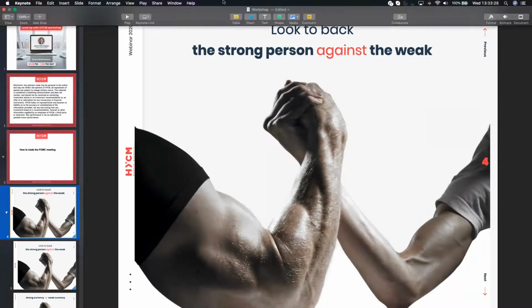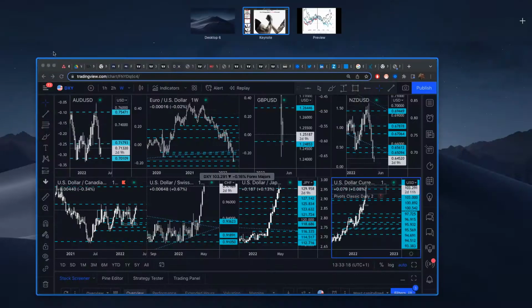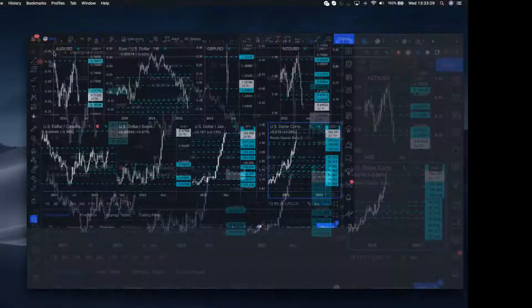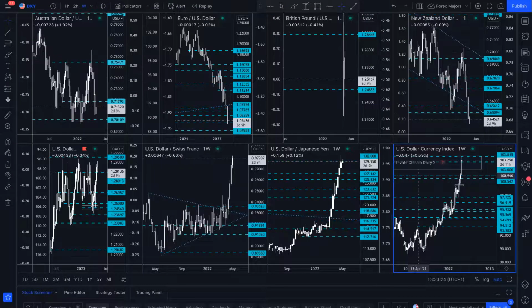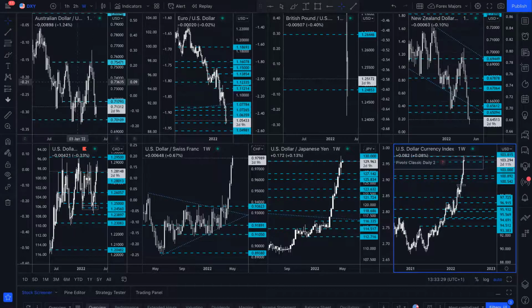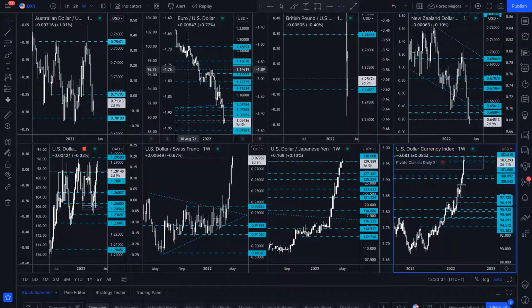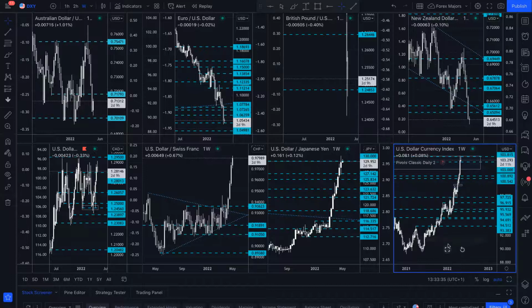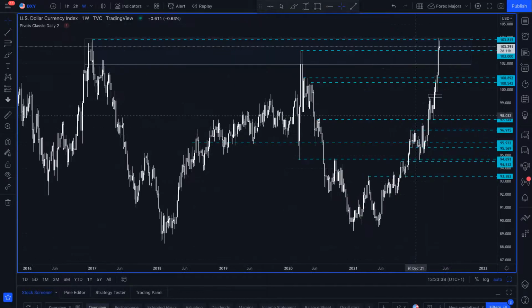Because there's so much to look at, we're going to jump into the start of the presentation right away. What you'll notice if you look at these charts, these are the major currency pairs, and if you're new to trading, you want to focus on these pairs. The dollar has been surging higher since the start of the year.